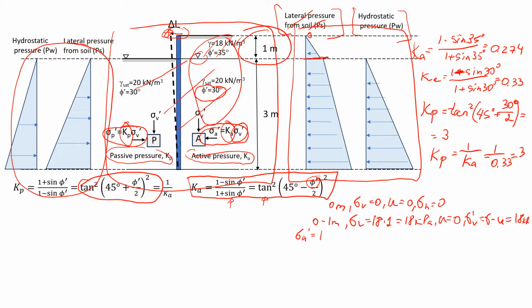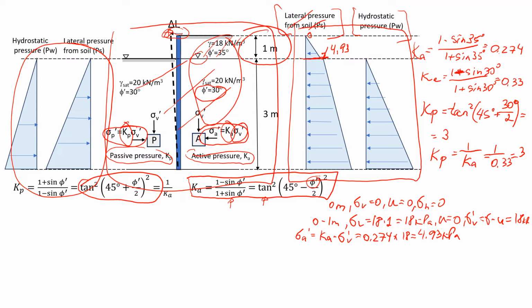So this is the coefficient of active pressure times the effective vertical stress. The coefficient is 0.274 for the top layer times 18, which is the effective vertical stress, and that gives us 4.93 kPa. So here I'm going to write 4.93 kPa.